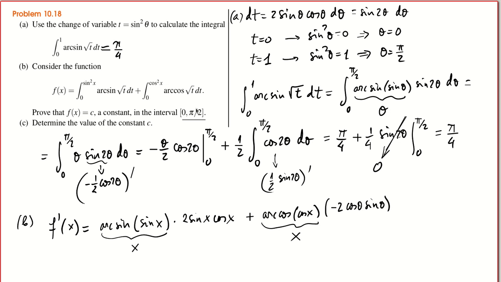So this is x, and these are equal. Oh, sorry, I wrote theta; what I have to write here is x. So these two things are equal, so this is just 0. So within this interval, this function is a constant.